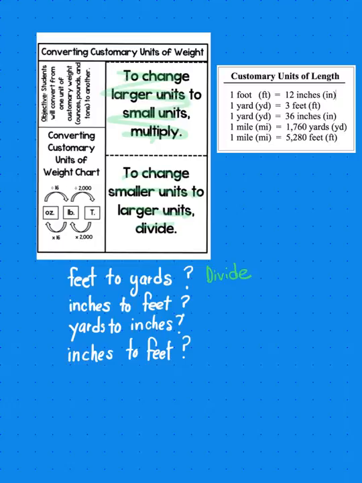If I'm going from inches to feet, I'm going to divide.